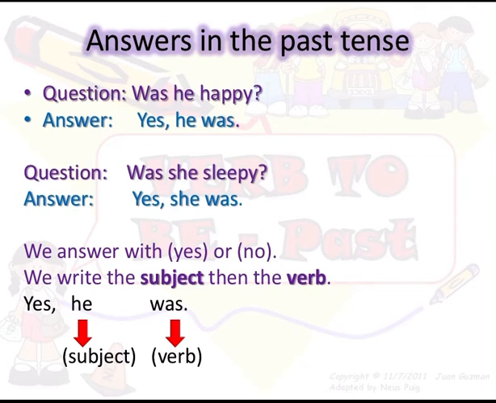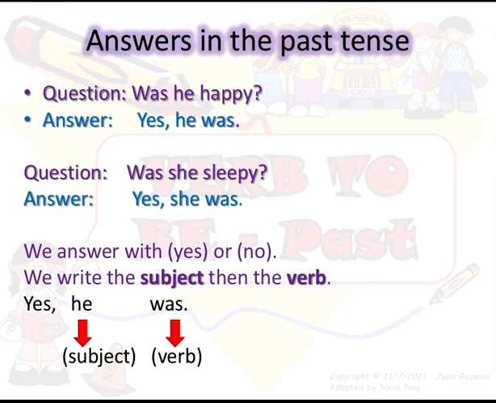Now let's see answers in the past tense. The question is, was he happy? Yes, he was. Was she sleepy? Yes, she was. First, we answer with yes or no. We write the subject, then the verb. For example, yes, he was.